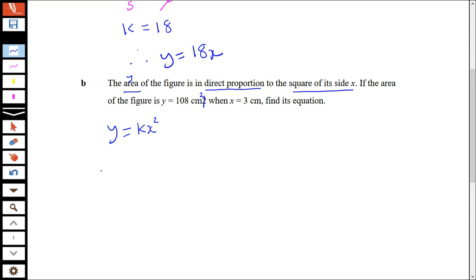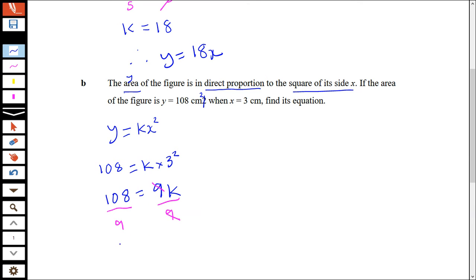Now it tells me that the area y is 108 when x is 3. So it's going to give me 108 is equal to 9k. So let's divide both sides by 9. Cancel that.